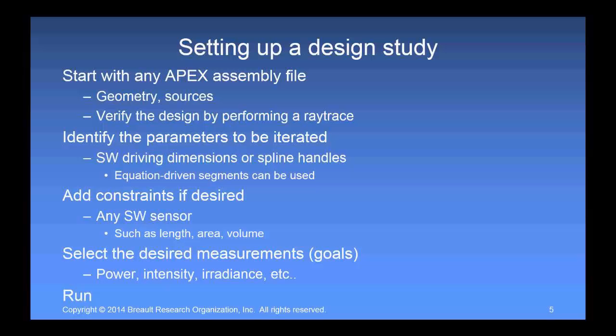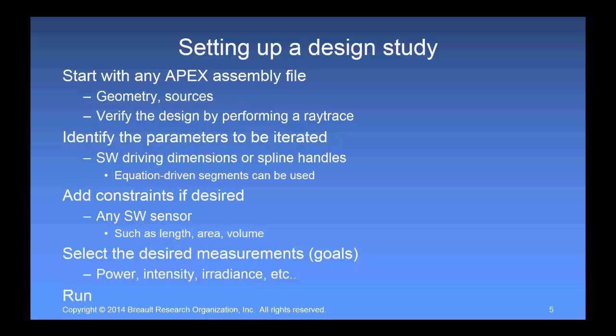Just to start with the interim design, start small and add rays as necessary. You should always verify the design first by performing a ray trace. If the rays can't be traced through the system, then the iterative study isn't going to be able to provide you any information. So this is just to make sure that you have a valid, viable system before you try to do the parametric study.